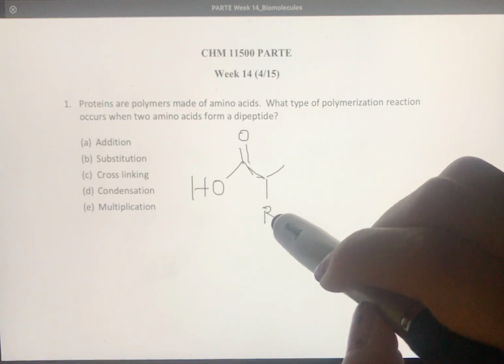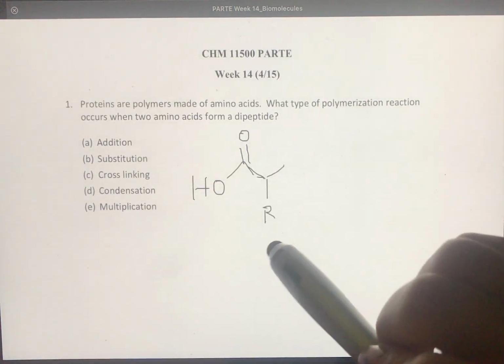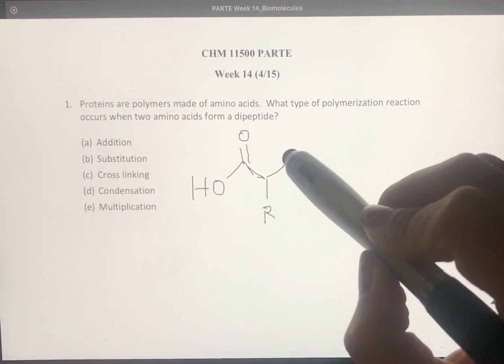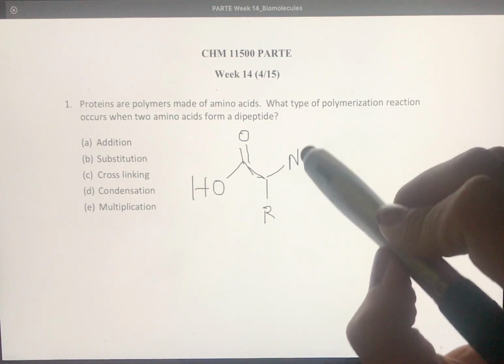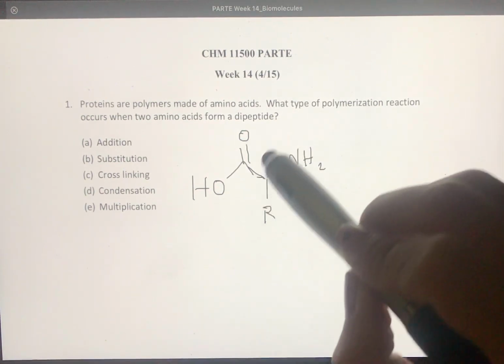This is called the side chain of the amino acid. So all 20 amino acids will have a different R group, and that'll determine the properties of the amino acid. And then on the other side we have an amine. So we call it an amino acid because we have an amino group with a carboxylic acid.